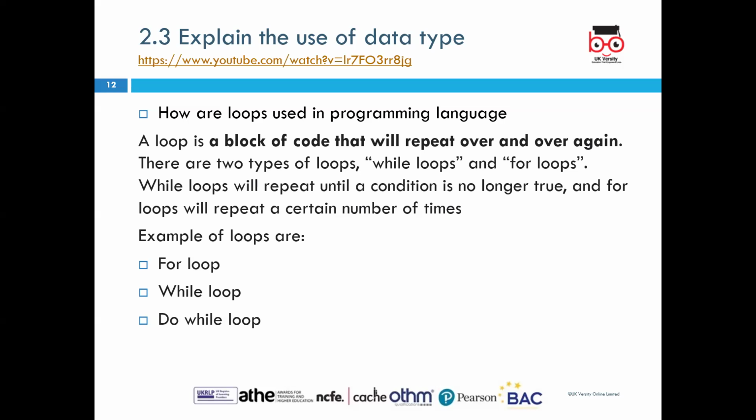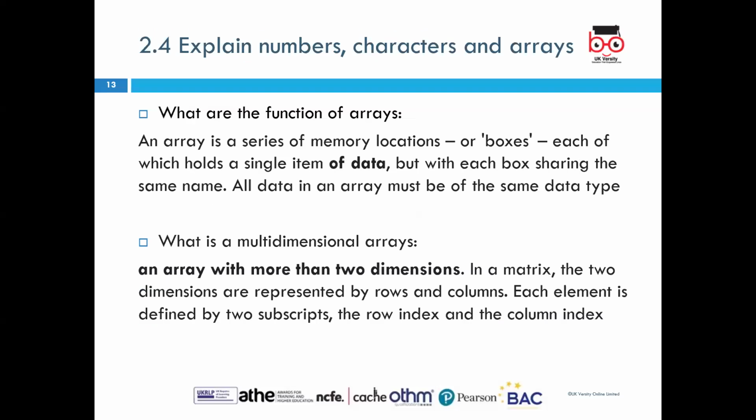This allows us to create arrays or any sort of statement that we need to repeat multiple times. Examples of loops are the for loop, while loop, and do while, and they all have their own way that they work.